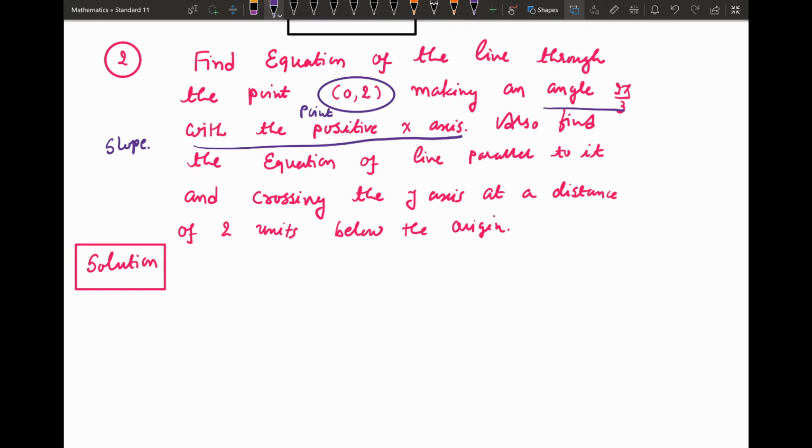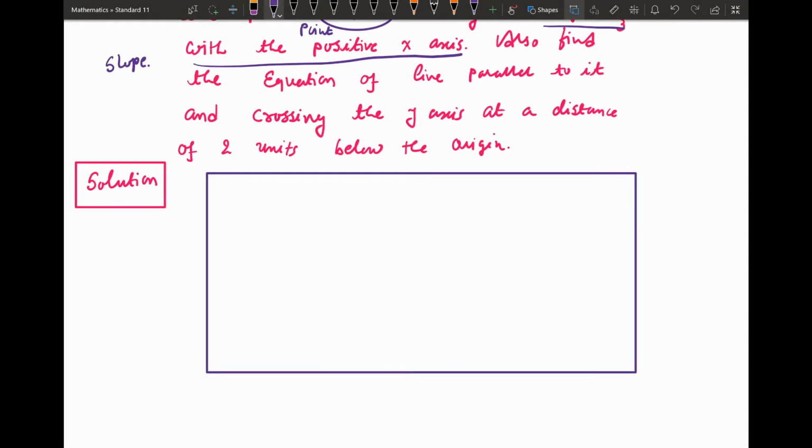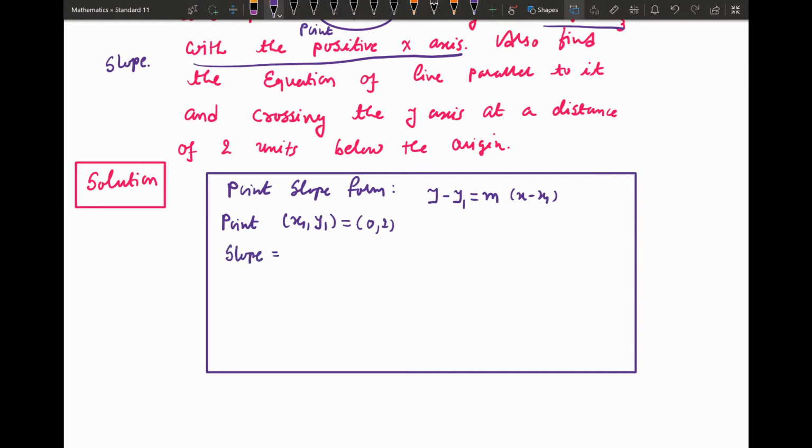So the slope is there, the point is there, and we will use the point slope form. The point slope form we are familiar with: y minus y1 equal to m into x minus x1. The point is x1 comma y1, which is given as 0, 2, and the slope is m equal to tan 2 pi by 3.